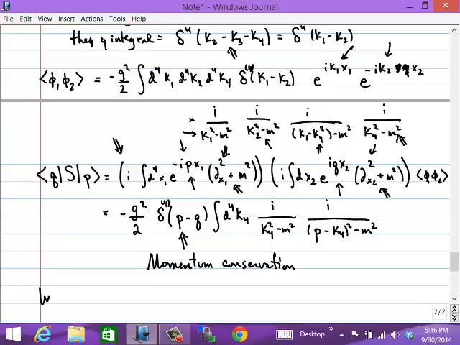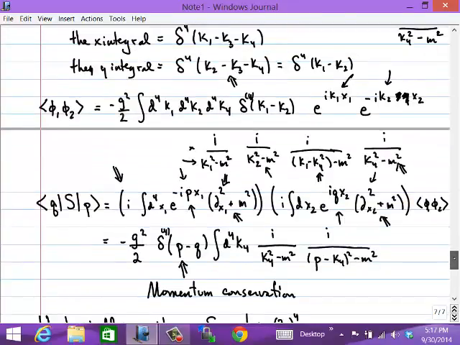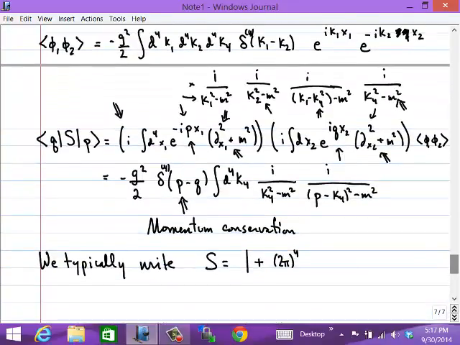So to make the notation a little bit simpler, we'll typically write this S matrix just as 1 plus some powers of 2 pi to the 4th that unfortunately I was a little sloppy about writing up here, times a momentum conserving delta function.